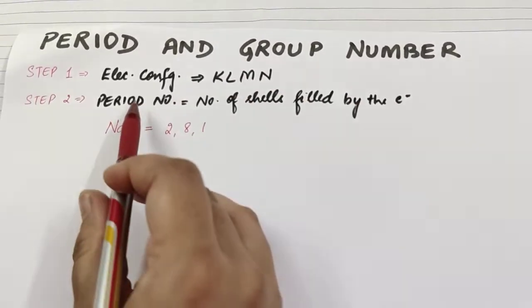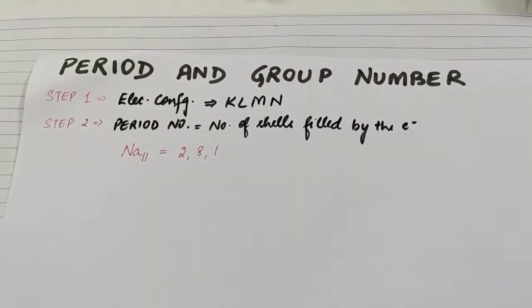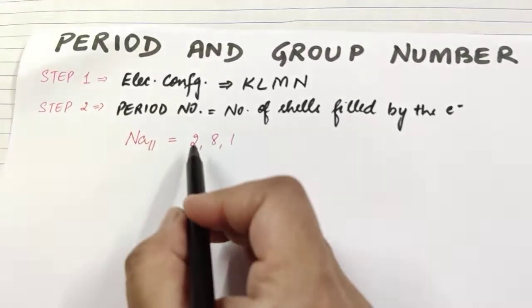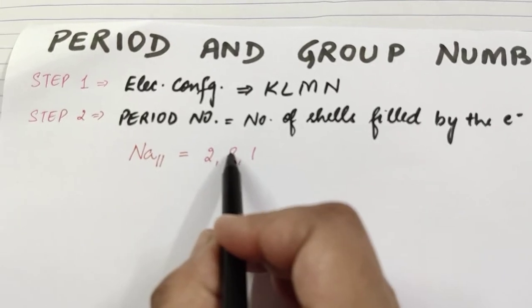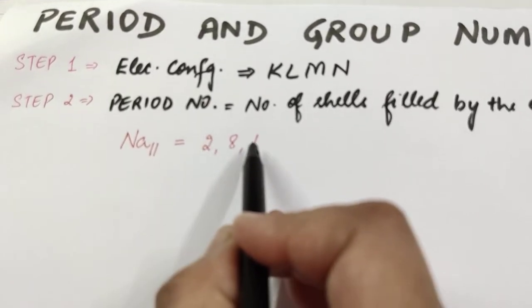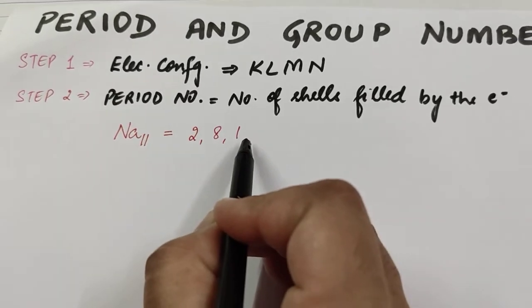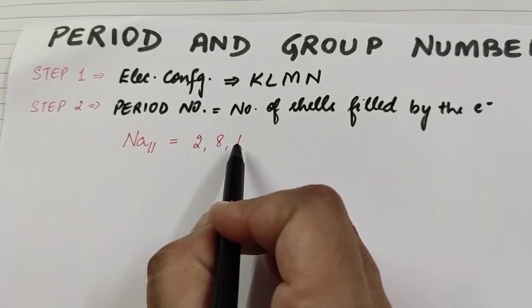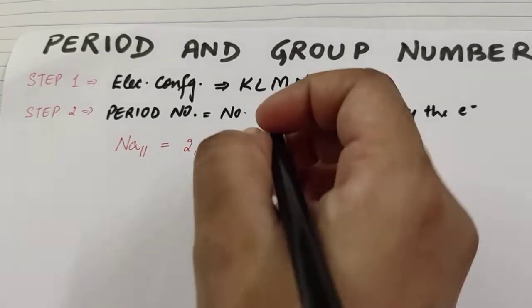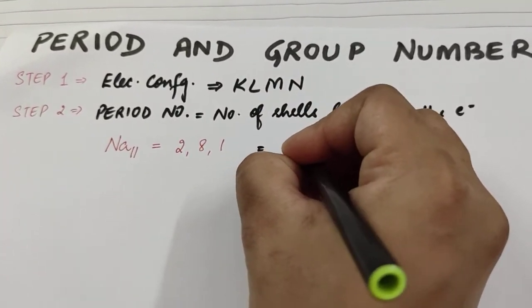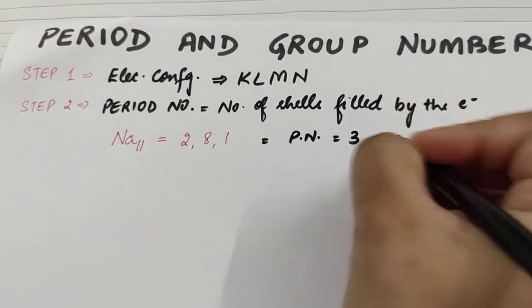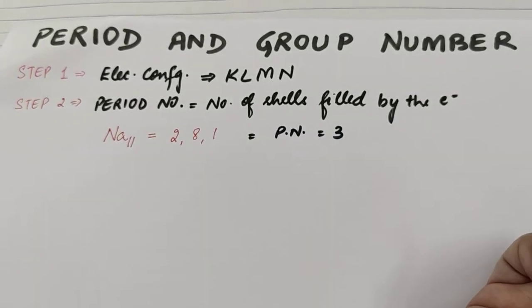So how will I judge the period number according to this? The period number of sodium will be KLM, that means 1, 2 and 3. Since 3 shells are filled by the electrons present in sodium, its period number will be 3. It is as simple as that.